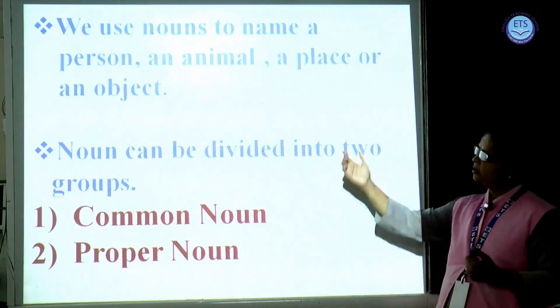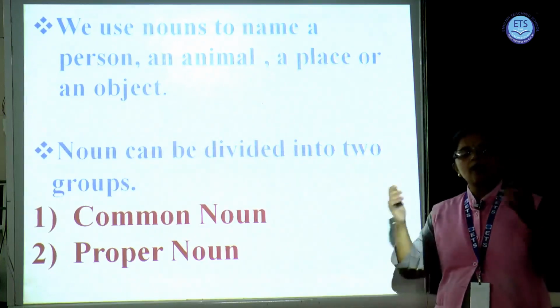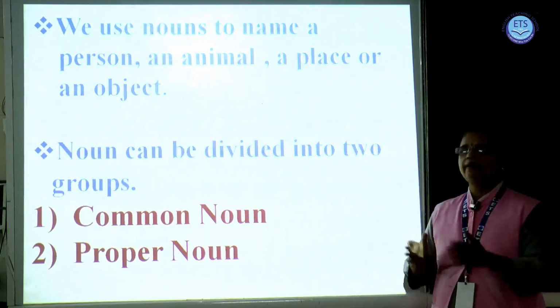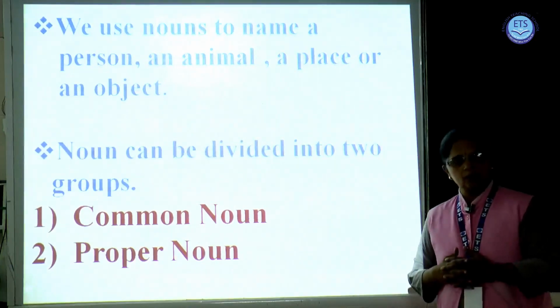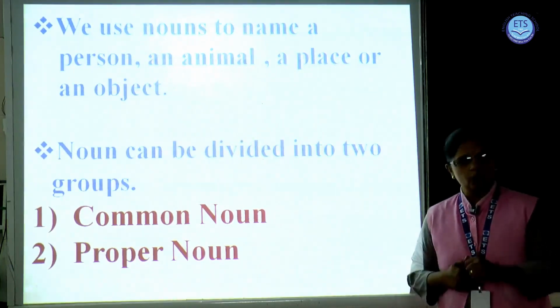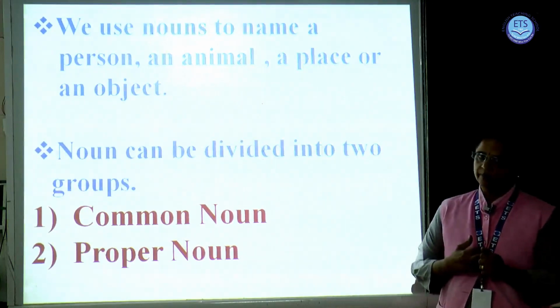These all come under person. Animal. Animals are all the wild animals and the pet animals which you know up till now. For example, the dog, the lion, the goat, etc.